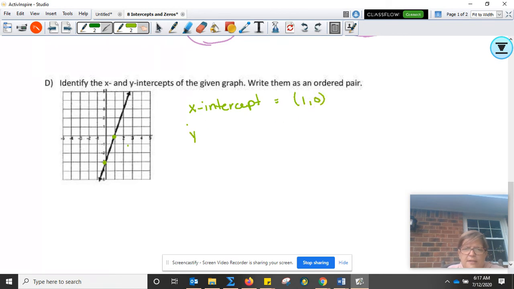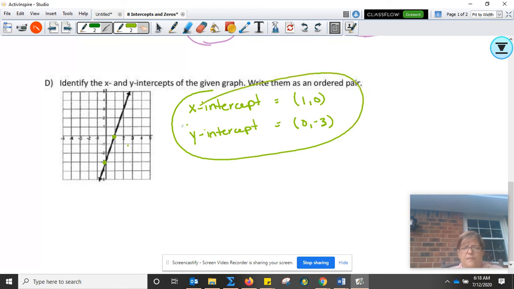Your y-intercept is going to be (0, -3). All right, and that's when you have a graph. That's how you find it.